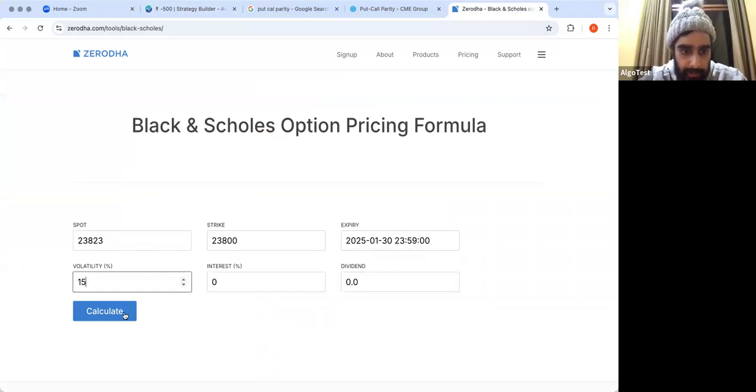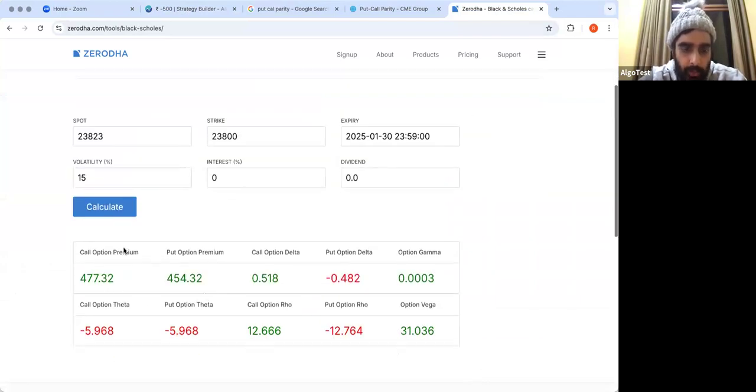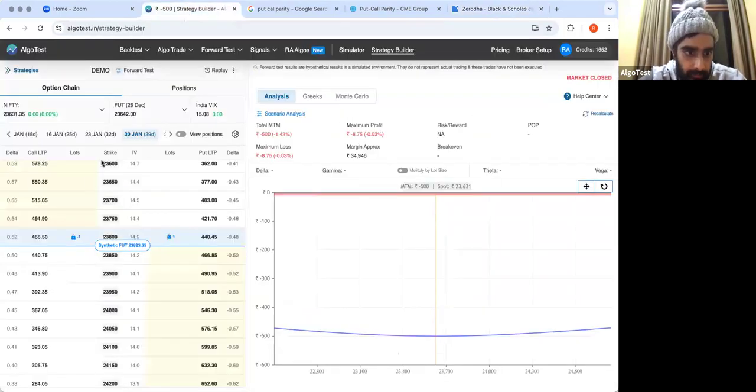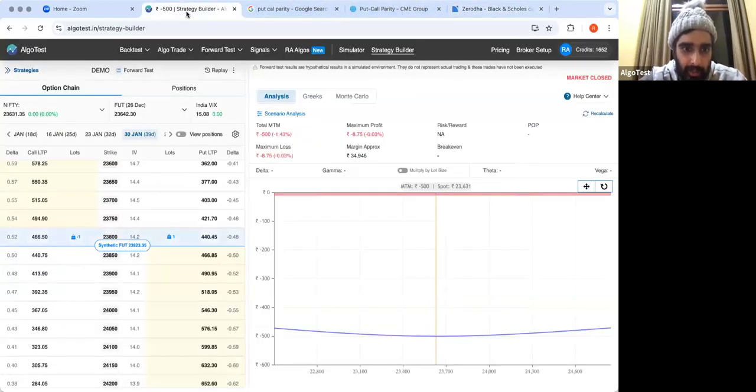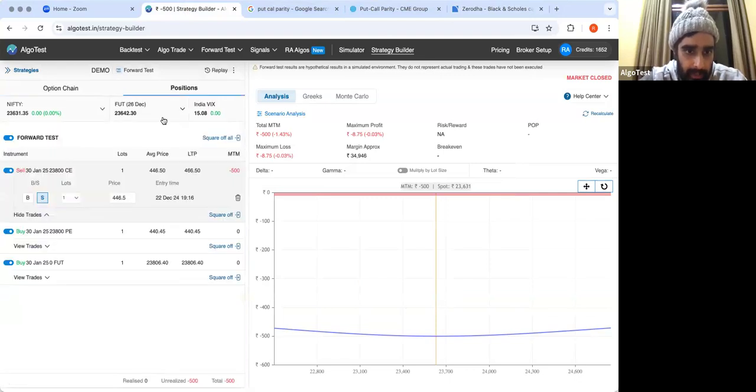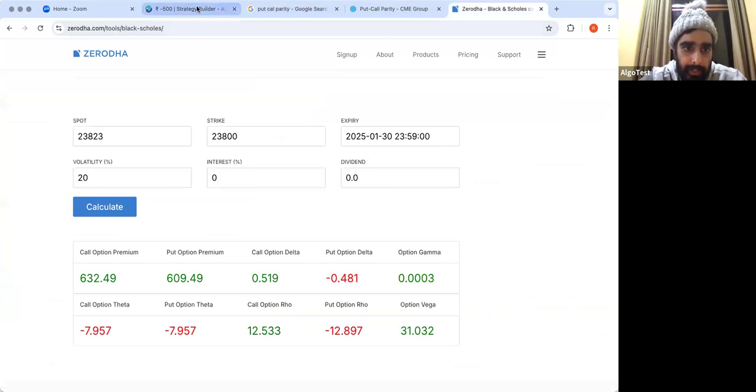And this is my 15 volatility. So 477.32. It's even higher than this, right? Obviously. Let's actually make it even more. Let's say 20 volatility. 632.49. It's a little high, but okay. 632.49 would illustrate the concept, right? So I come here and I update this price to 632.49.